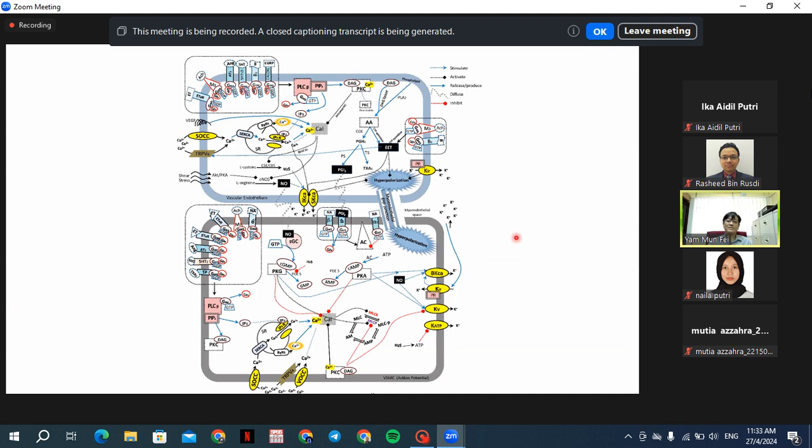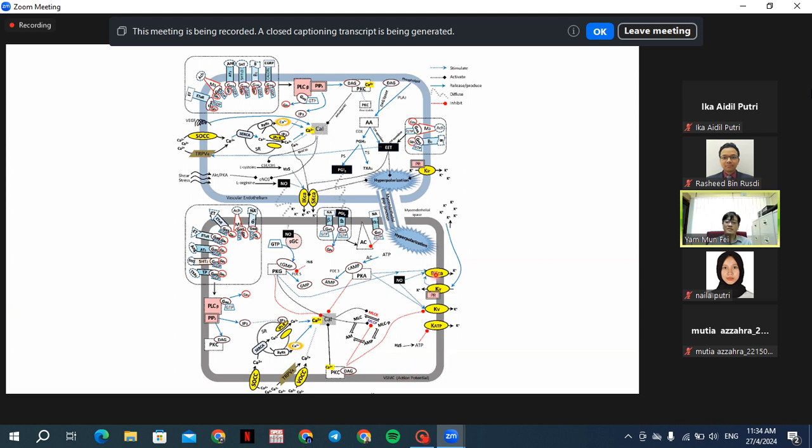So how we plan the experiment is, before we start, we need to understand the cascade or the pathway first. Once you understand, it's easy for you to plan, depending on what type of receptor you plan to study.